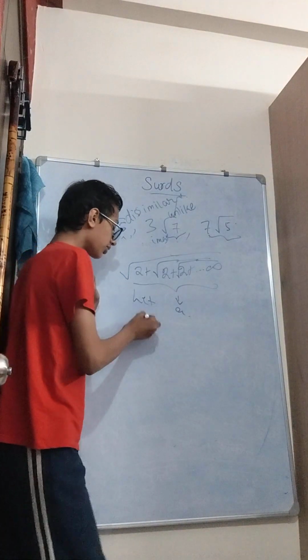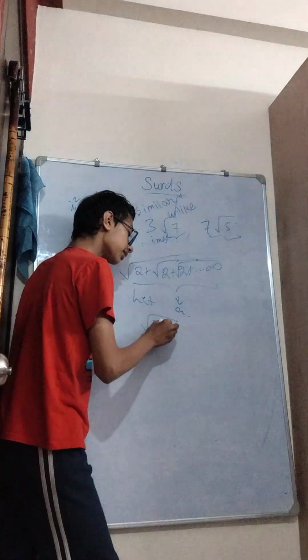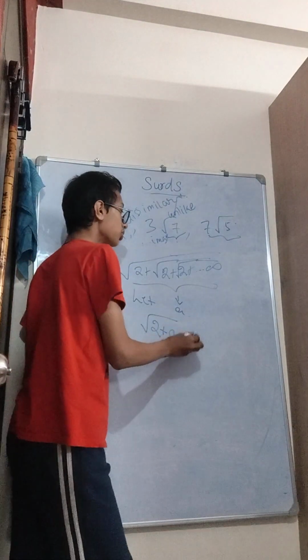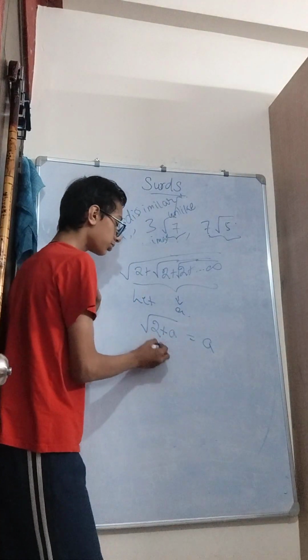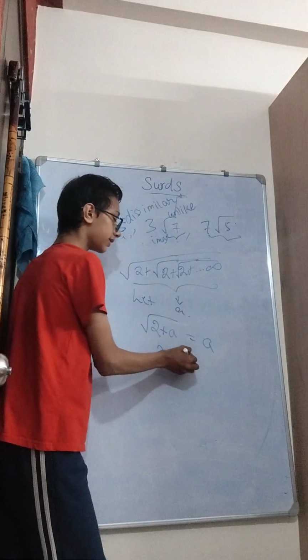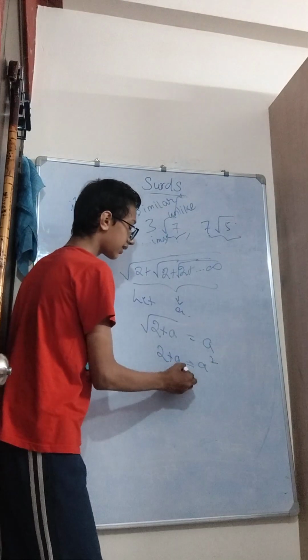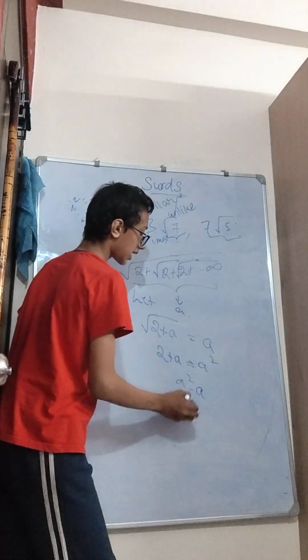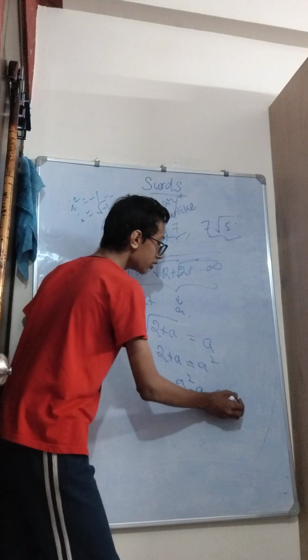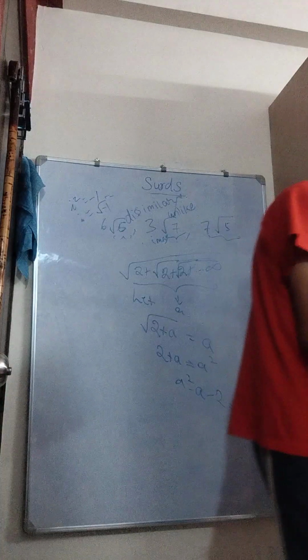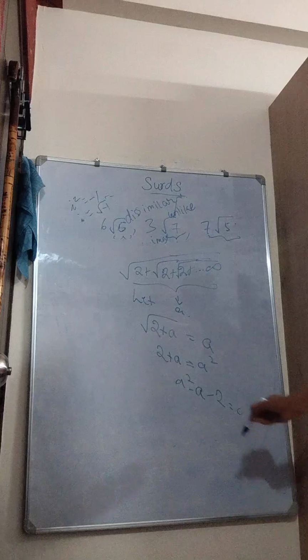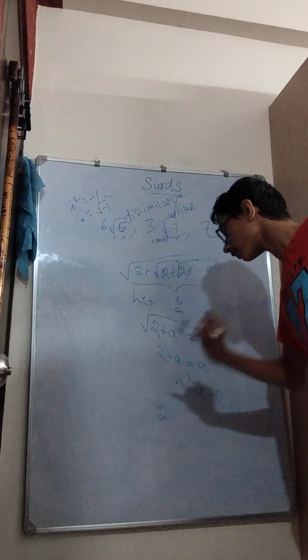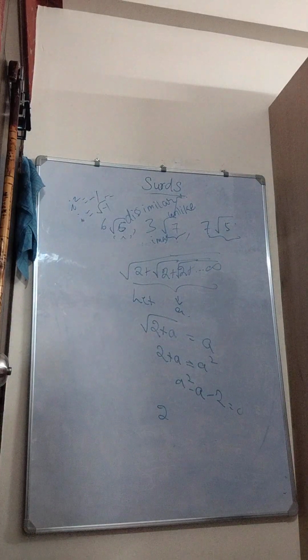So then it will become root 2 plus A is equal to A. So then it will become 2 plus A is equal to A square. So we get A square minus A minus 2 is 0. You solve this quadratic equation, you will get 2 as your answer.